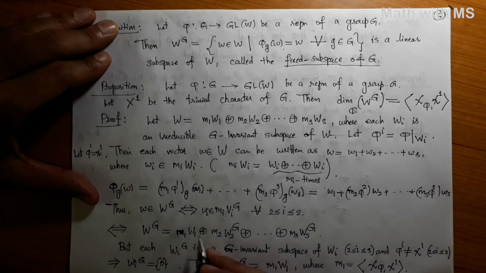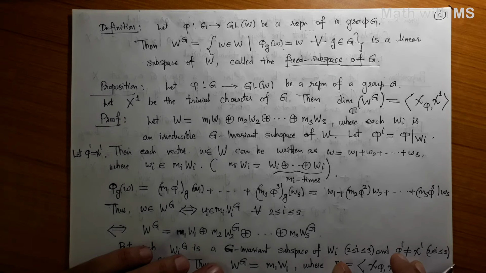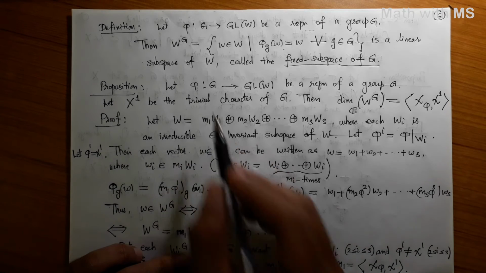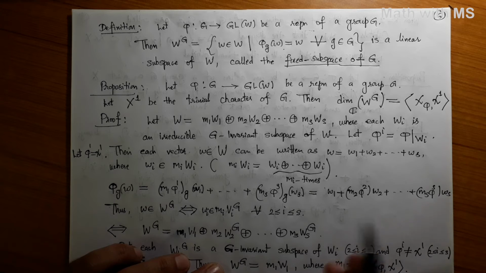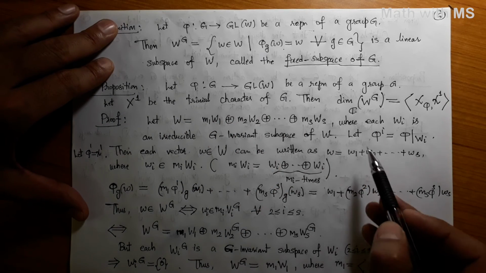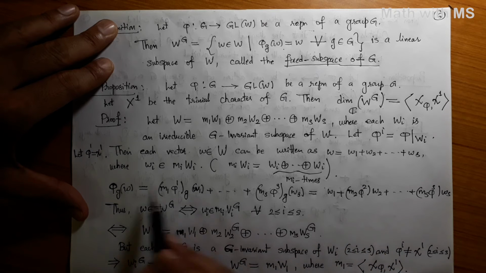But if, for example, w2 to the power g is the same as w2, what does that mean? That means that the representation phi 2 is actually a trivial representation, that is, a direct sum of trivial characters. But that's not true, because we have already separated out all the copies of the trivial character in phi 1 here.